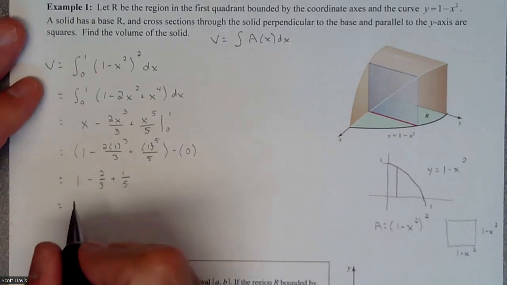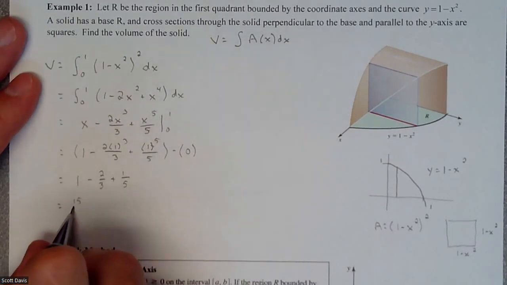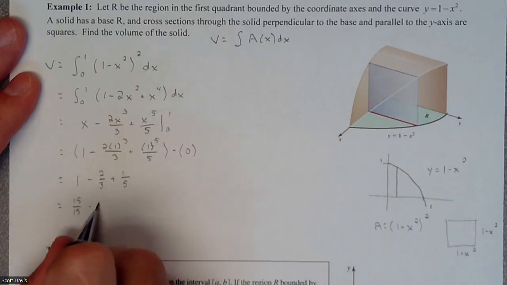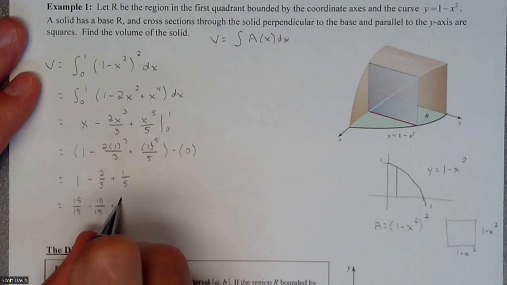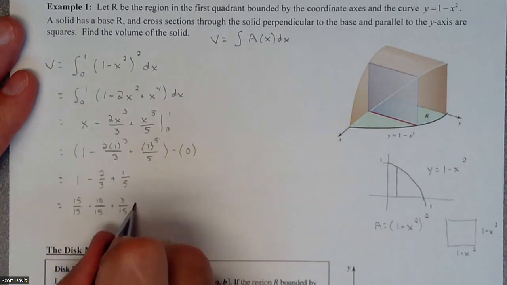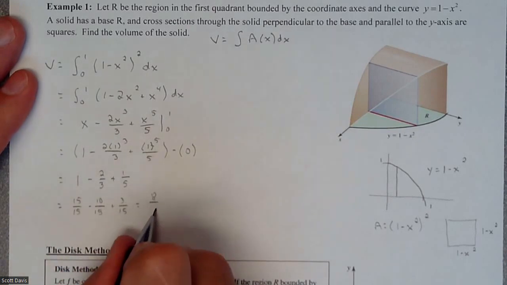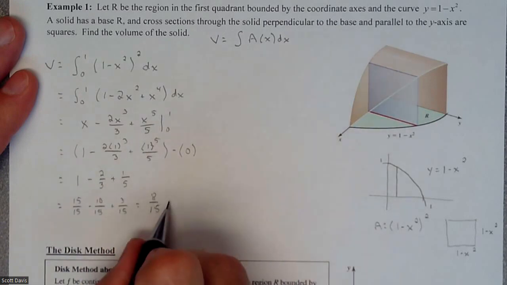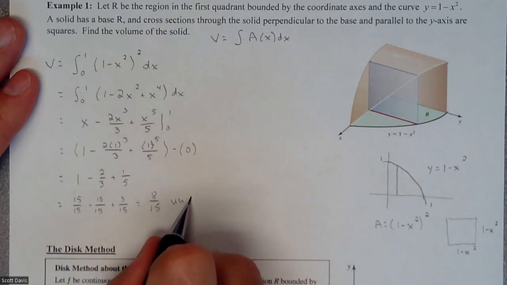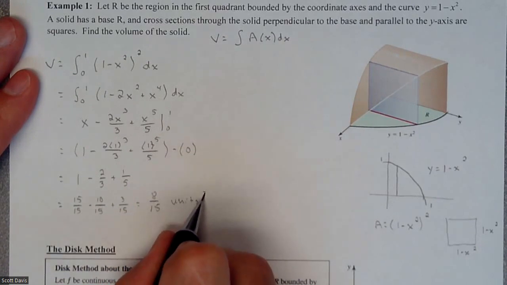Let's make these all common denominators. So this is going to be 15/15ths, because the 3 and the 5 can become 15. So we multiply by 5, that's 10/15ths, plus 3/15ths. If we add that together, 15 minus 10 is 5, 5 plus 3 is going to get us a volume of 8/15ths, in units cubed.